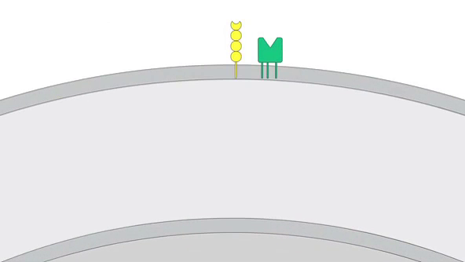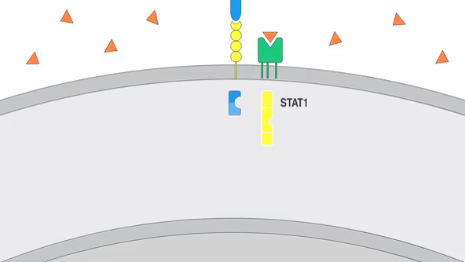Isotype switching is stimulated in the course of an immune response. An activated T follicular helper cell engages a B cell through linked recognition. The follicular T cell expresses CD40 ligand and produces cytokines, in this example interferon gamma. CD40 ligand engages a CD40 molecule on B cells that activates NF-kappa B, and interferon gamma activates STAT1 within the B cell.